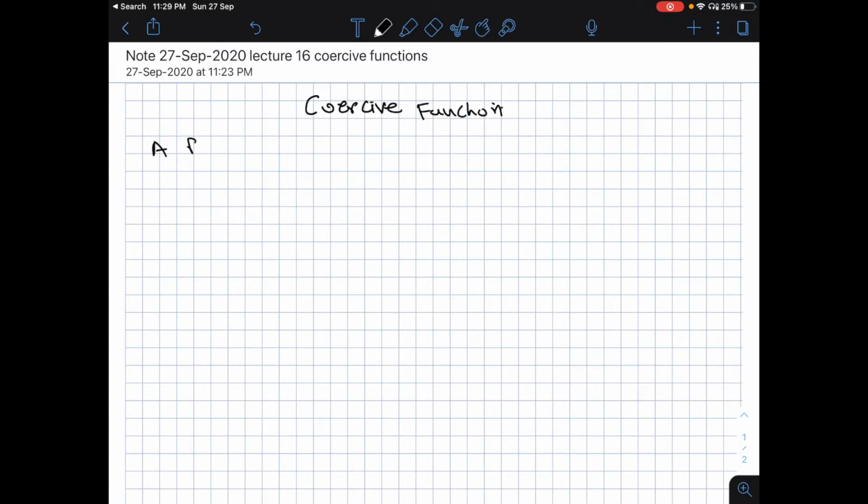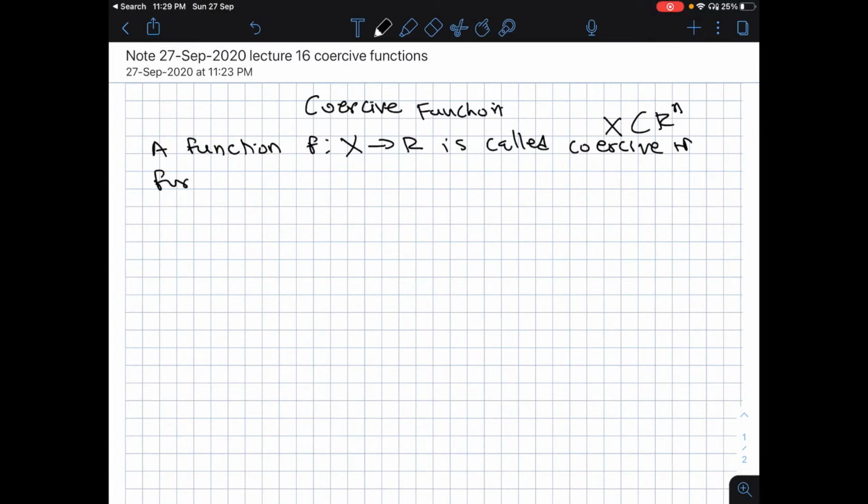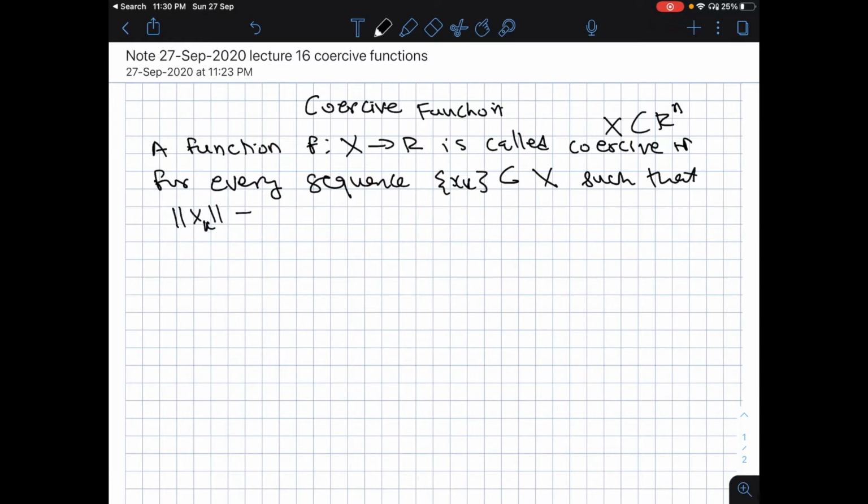This is a definition which I am taking from Bertsekas. A function f from set X to R, where X is a subset of R^n, is called cursive if for every sequence x_k in the set X such that the length of the sequence goes to infinity, we have that the limit of k tending to infinity, f of x_k also becomes infinity. This is what I mean by a cursive function.